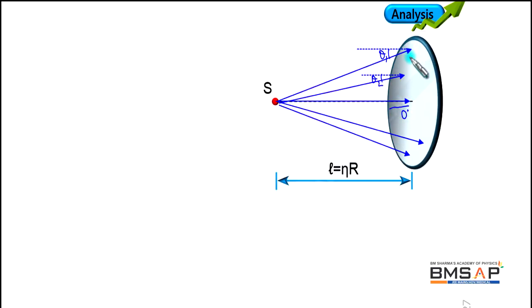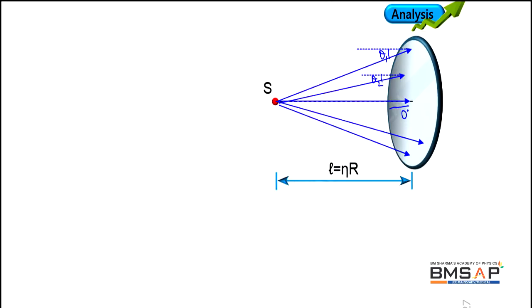That means at each and every point the angle between the direction of the radiation and normal is different. That means this illustration is different from the previous illustrations. So here what we need to do? Here we need to use the method of integration.